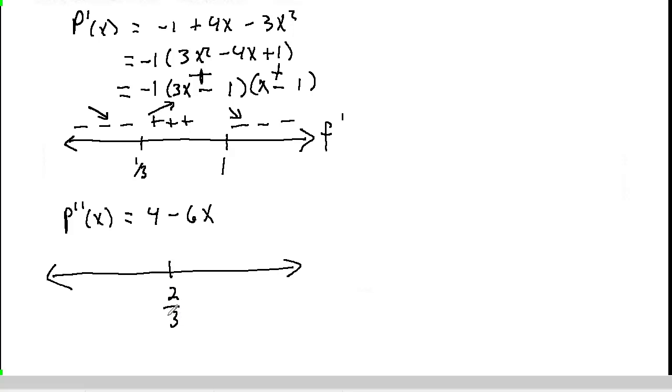So 2/3 is the only number that makes the second derivative 0. Since this is a line that goes down, to the left of 2/3 it will be positive. To the right of 2/3, it will be negative. And this tells us then that our graph is concave up to the left of 2/3 and concave down to the right. And so then you can see that to make a complete graph of this, we only need 3 points.